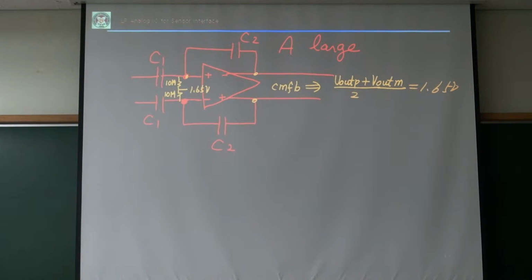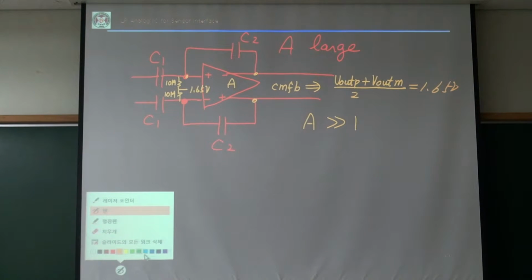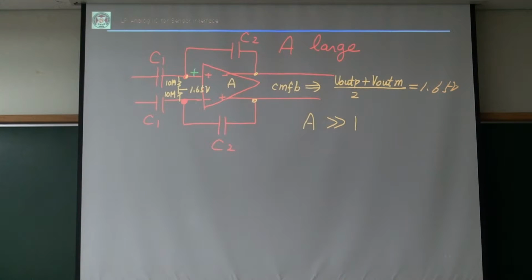So I just apply DC bias at the input. It will be good enough, okay? Let's assume this 10 mega ohm resistor is very large compared to C1. So I just neglect the current through the 10 mega ohm resistor. Also, if I assume my voltage gain A is very large, then this offset voltage, this VOS, is this voltage, right?